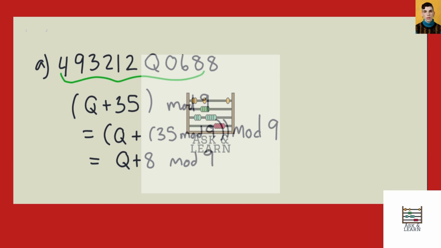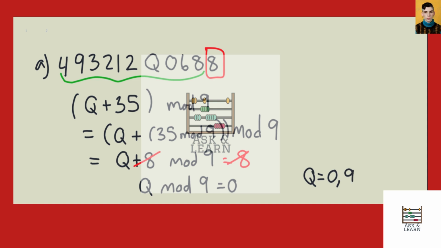And since our check digit is an 8, we want this also to equal 8. So we subtract 8 from both sides of the equation, which means that Q mod 9 must be equal to 0, right? Because we subtracted 8 from this side and this side. And in order for that to happen, Q could be equal to 0 or 9. Both of those would be correct.